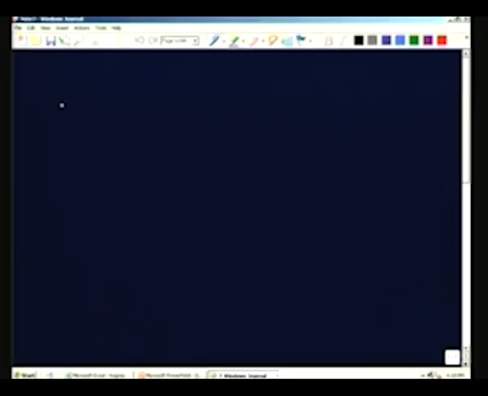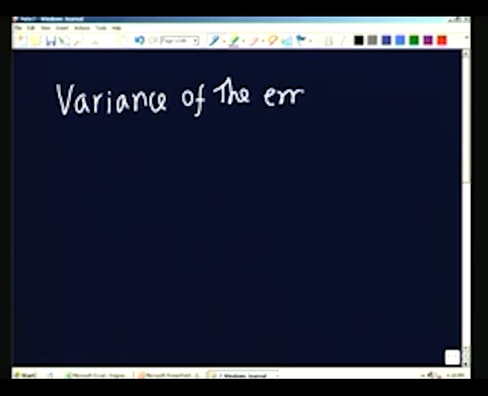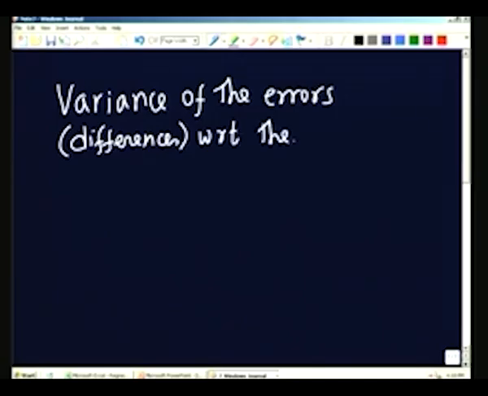So, I can also define the variance of the errors, or if you want to call them, the differences with respect to the regression line.